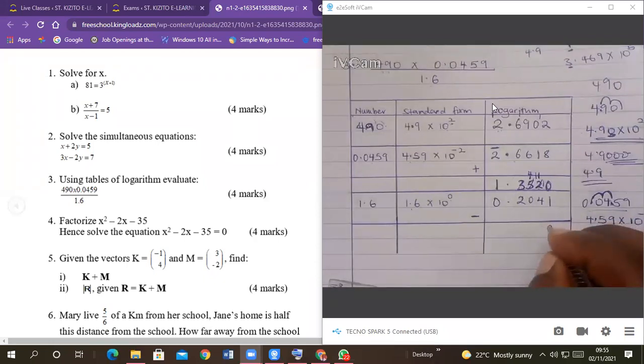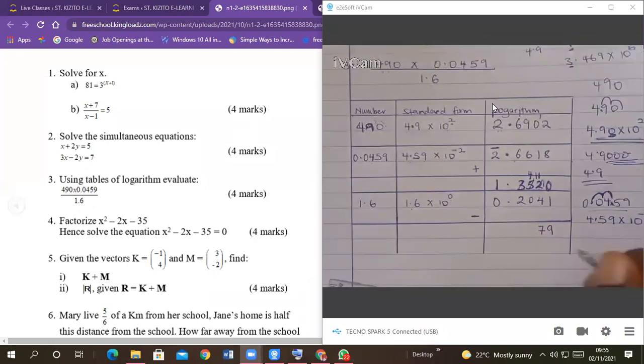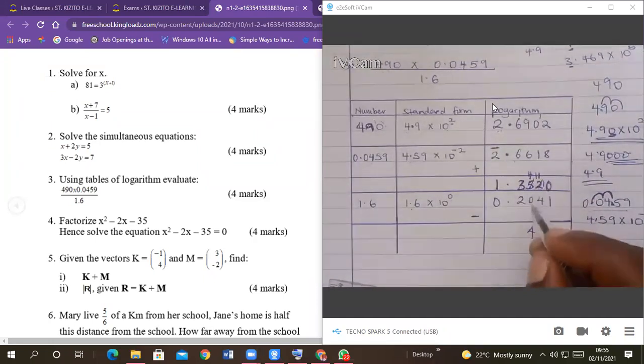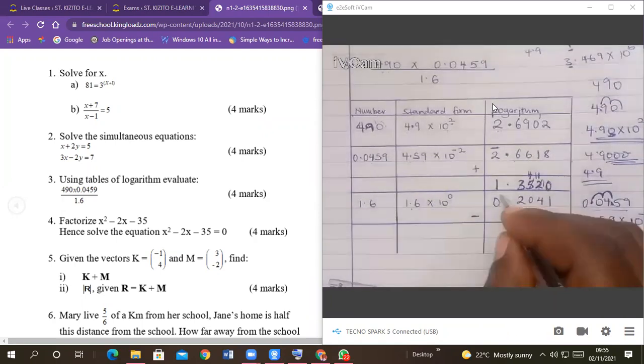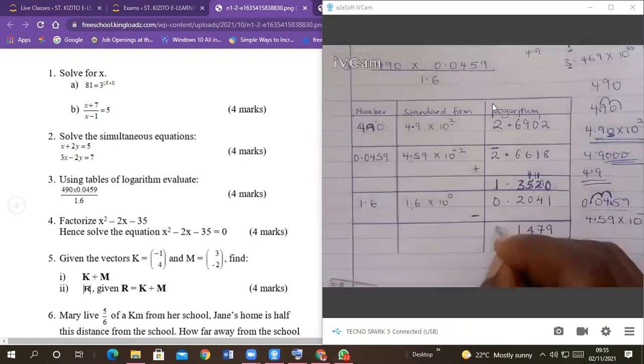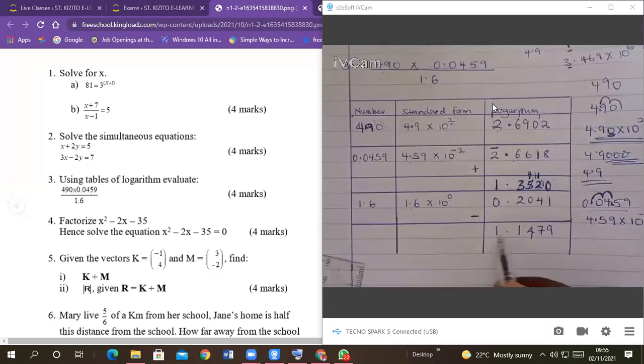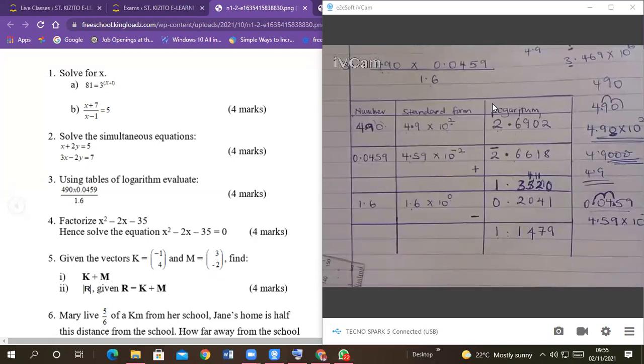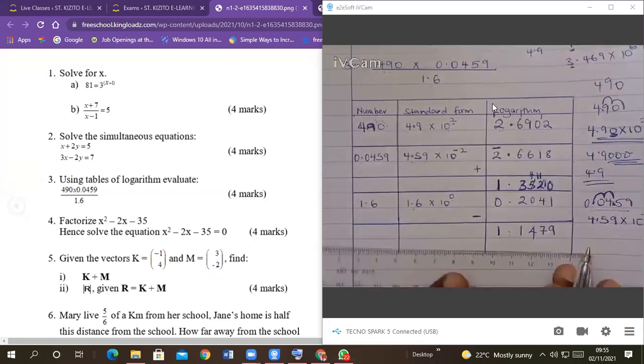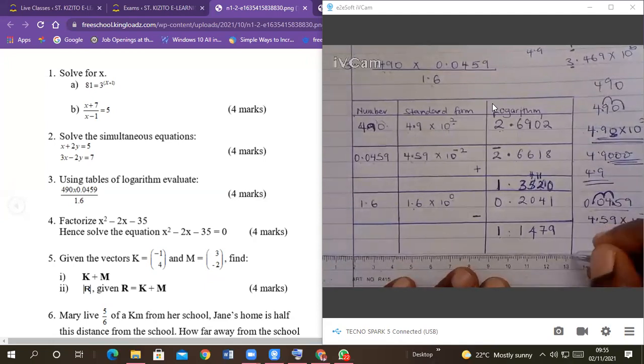And then you have 4. 4 minus 0, you get 4. 3 minus 2, you get 1. And then 1 minus 0, you get 1. So you have 1.1479 as your final log after subtraction.